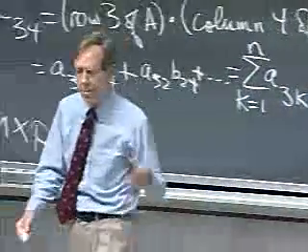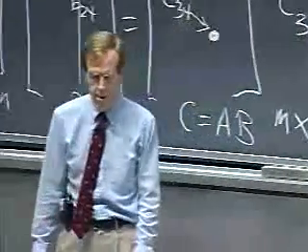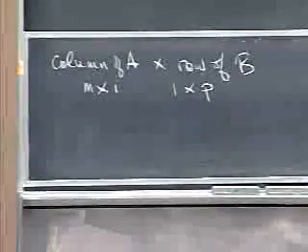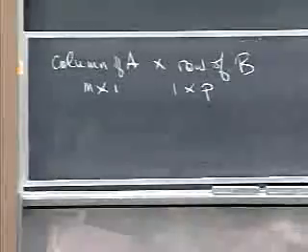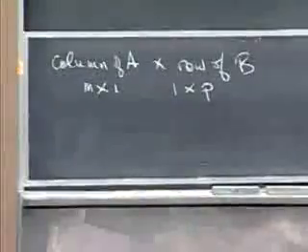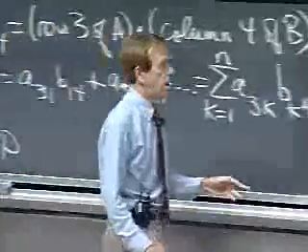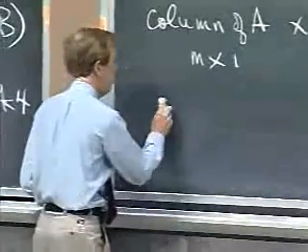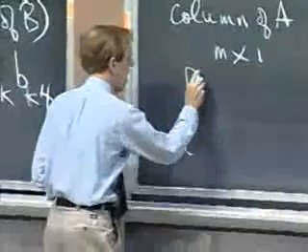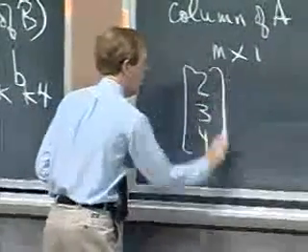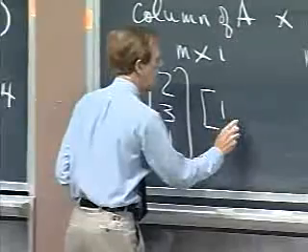What do I get if I multiply a column by a row? I get a big matrix. I get a full-size matrix. If I multiply a column by a row, I get, shall we just do one? Let me take the column 2, 3, 4 times the row 1, 6.